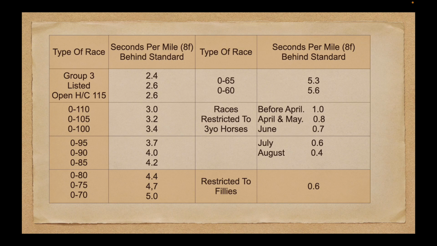Now, these seconds are per mile, which is 8 furlongs. So 0 to 100, which is roughly in the middle of this slide, would be expected to be run on perfect ground 3.4 seconds slower over a mile than the standard time.